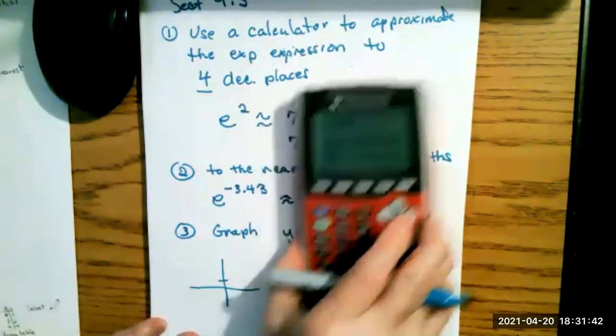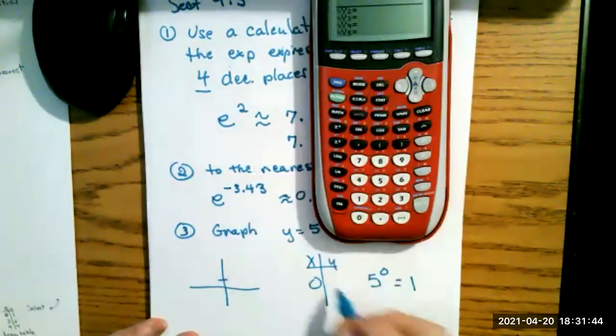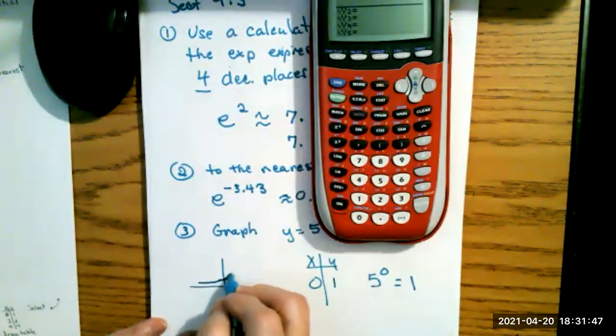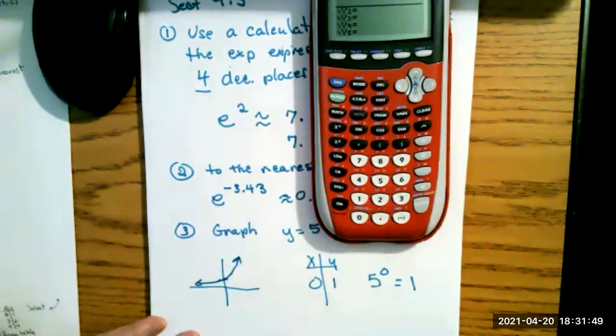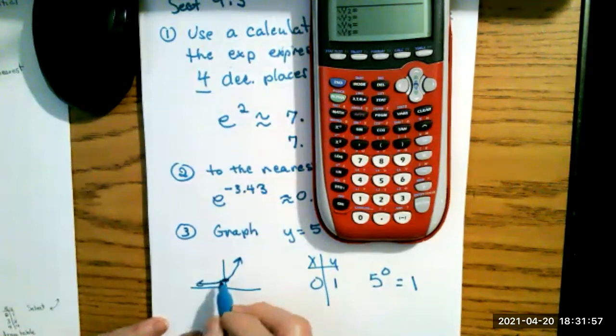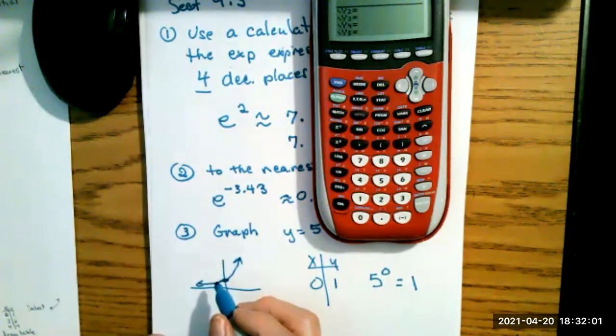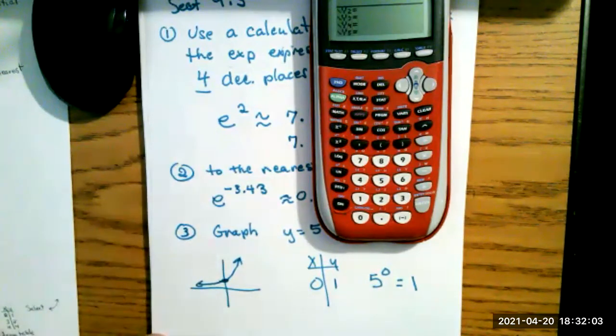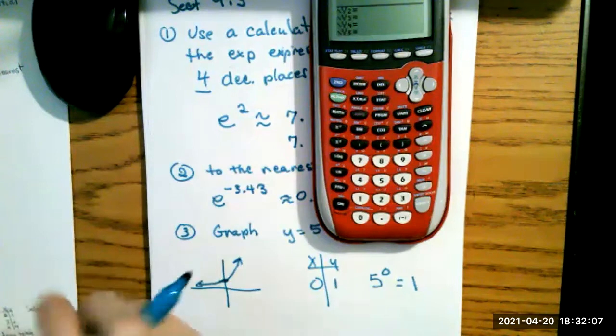So all of these are going to go through the point 0, 1, unless there's a shift on them. They're all going to go through that. Now, once you start adding shifts to them, it'll shift. Like we did with the vertex when we had those parabolas and we were shifting them, we used our vertex as our basic point to shift.